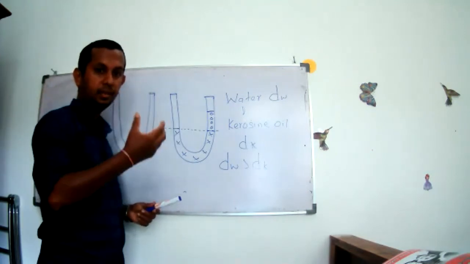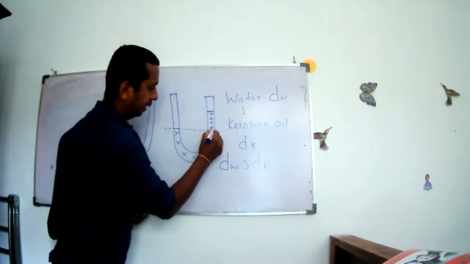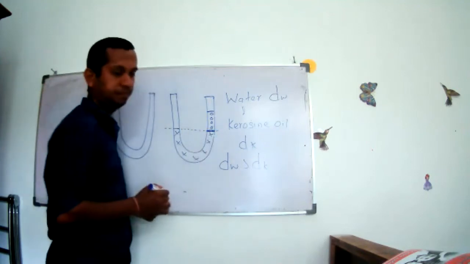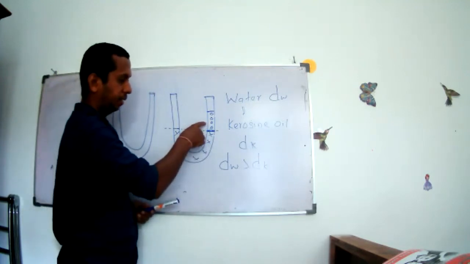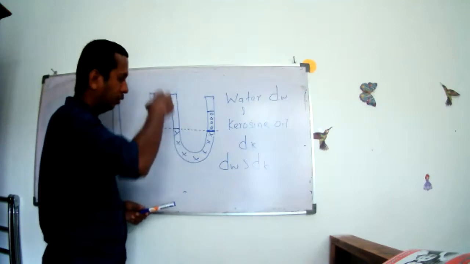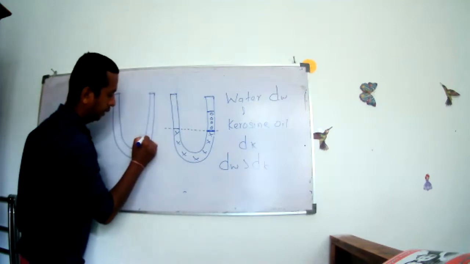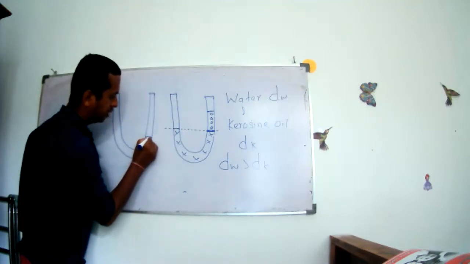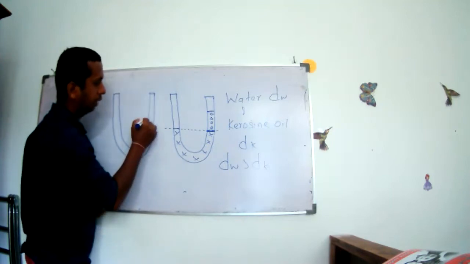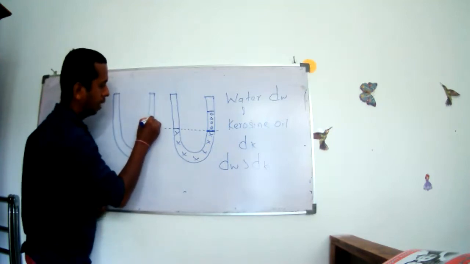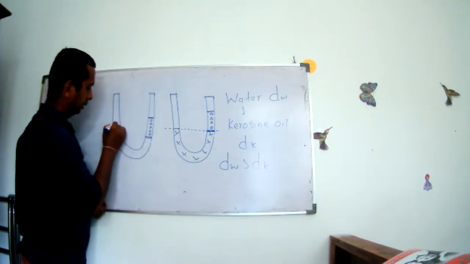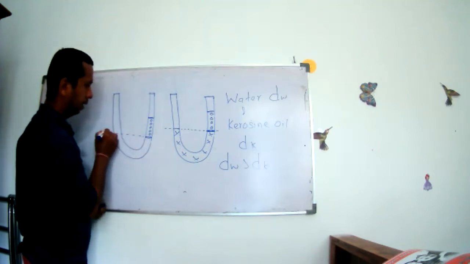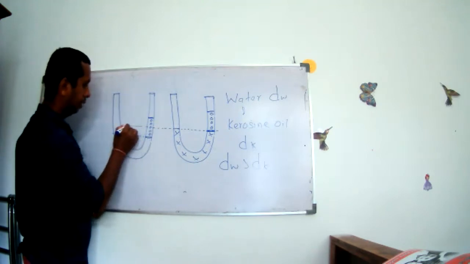Now, this is the initial interface of water and kerosene oil. Due to its weight, this interface will move downward a little bit. Now this is the new upper level of the kerosene oil column. So this is the height of the water.